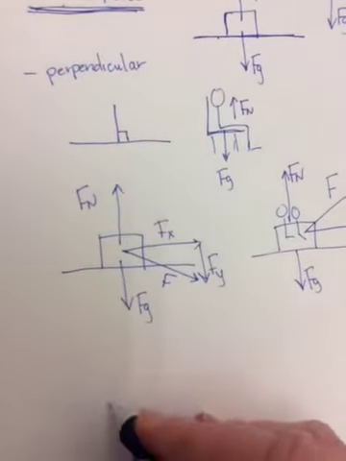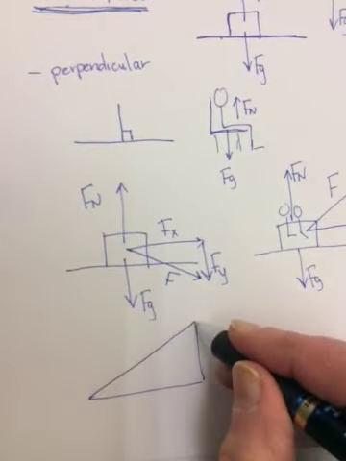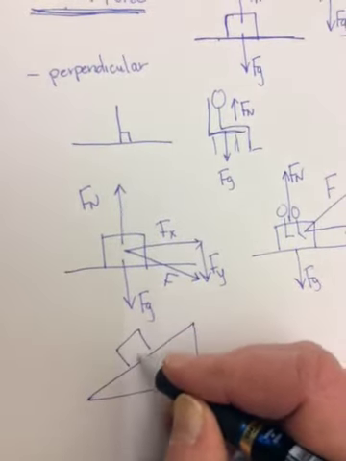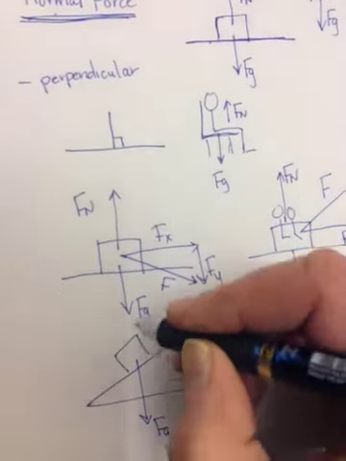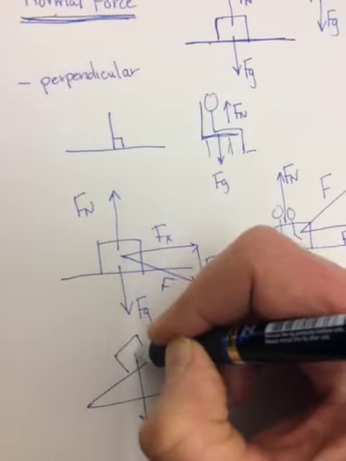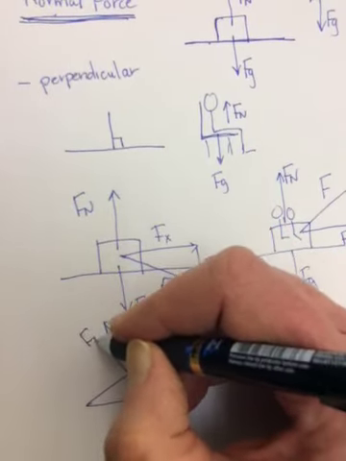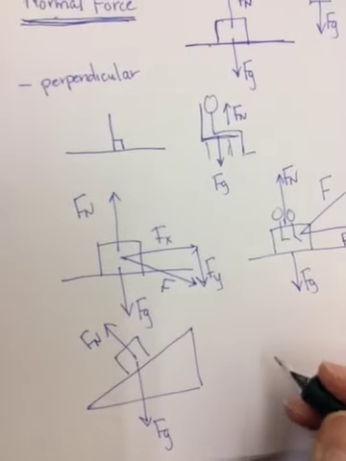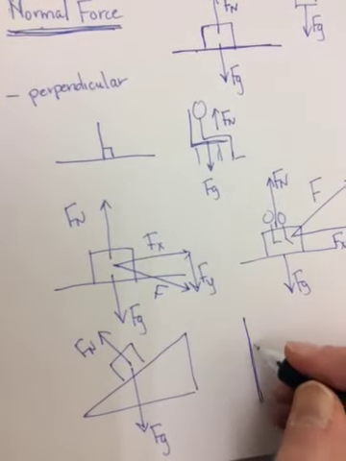Another example of why Fn is not always just equal to Fg is sometimes our surface isn't level. Fg would be acting straight down because that's what gravity does, but our normal force always has to act perpendicular to the surface. So our normal force would be acting this way. And so clearly they're not in a straight line, so they're not going to be equal. And another example is sometimes our surface is the wall.